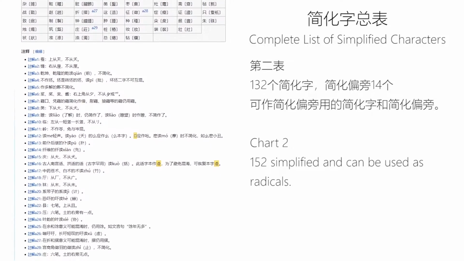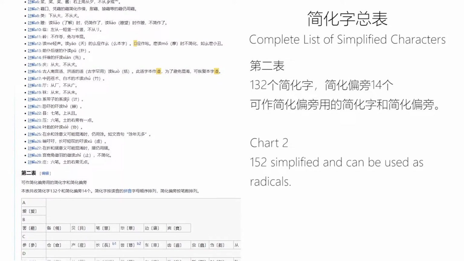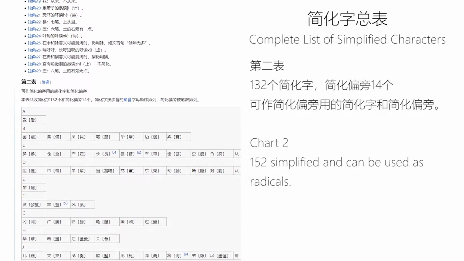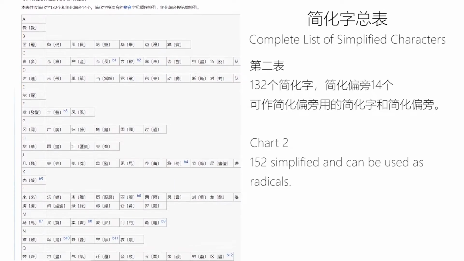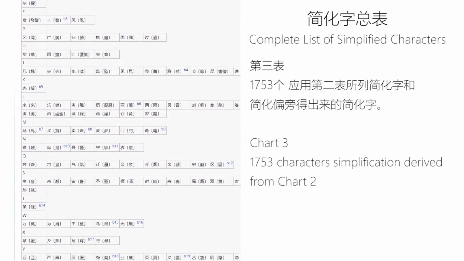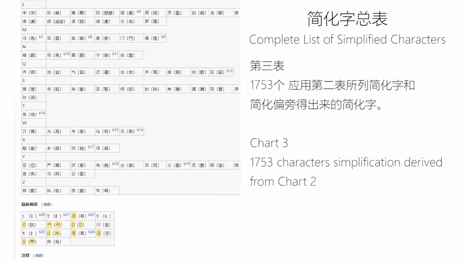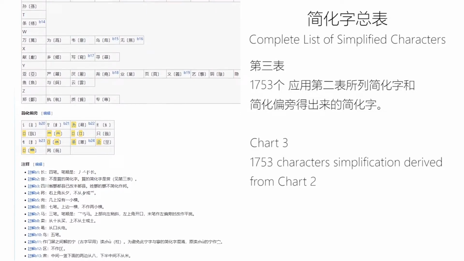The second chart, 152 simplified and can be used as radicals. And the third one, 1753 characters simplification derived from chart 2. So there are at least more than 2000 different characters between simplified and traditional Chinese.